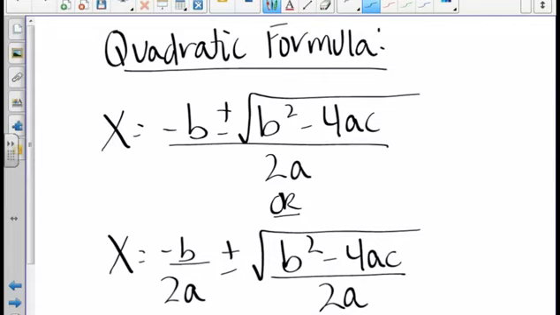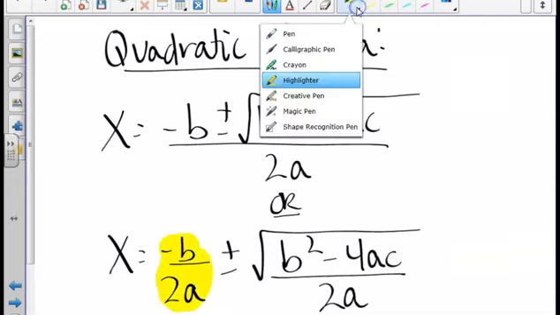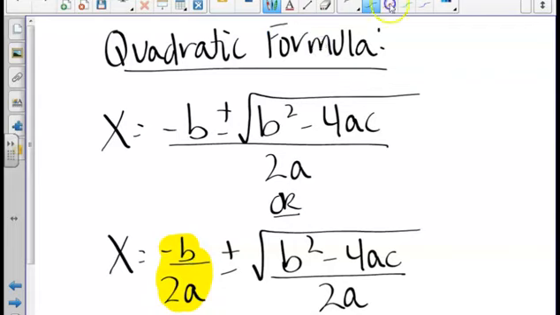We could use either one of these formulas, x equals negative b plus or minus the square root of b squared minus 4ac divided by 2a, or x equals negative b divided by 2a plus or minus the square root of b squared minus 4ac all over 2a. Recall that in this formula, the negative b divided by the 2a will always be our axis of symmetry.